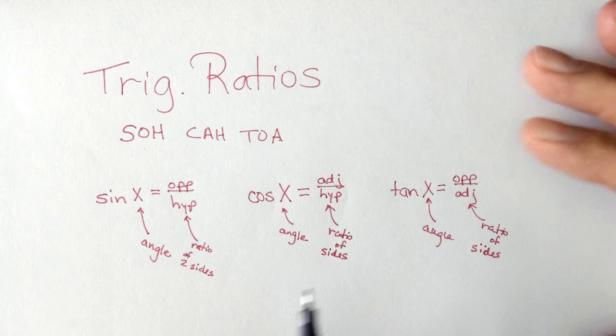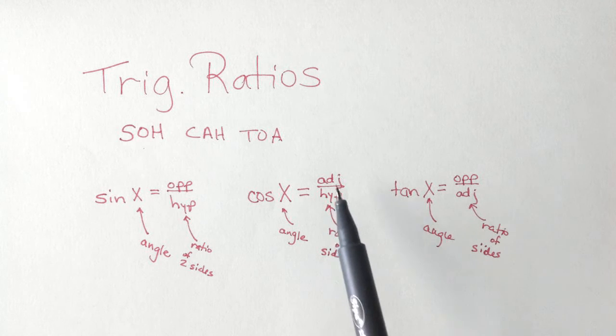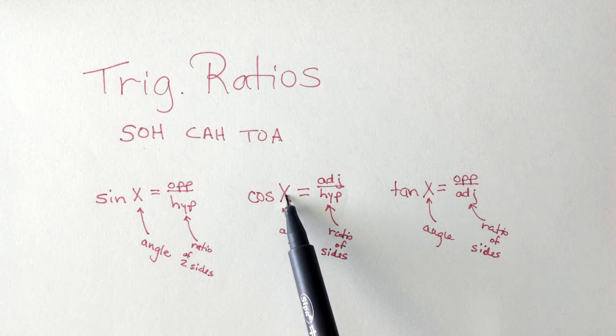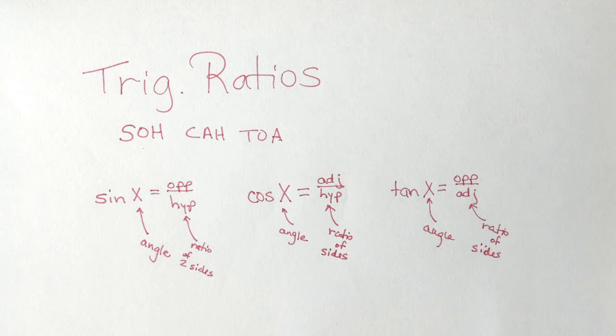So angle on the left side, side lengths on the right side. Can't stress that enough. Lots of students want to kind of jumble those up. You got to keep those separate. Remember that adjacent is the leg that's attached to the angle that's referenced on the left side of the equation, and the opposite is across from, on the opposite side of the triangle.